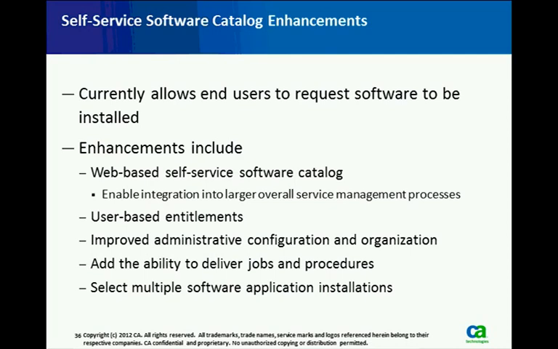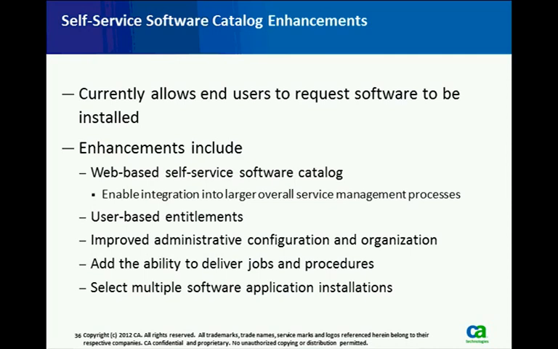Currently, the software catalog is installed on the end user system with the software delivery agent. This would be a URL that you could configure that would display to the users based on their entitlements. So we also want to add features that will improve the administration, configuration, and organization of this web catalog.